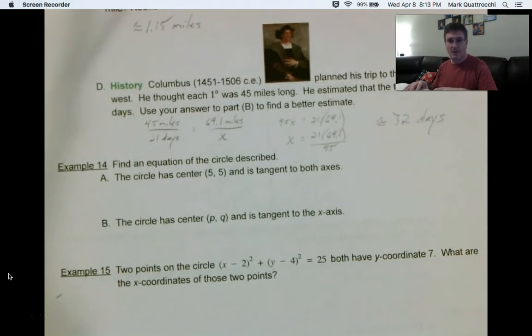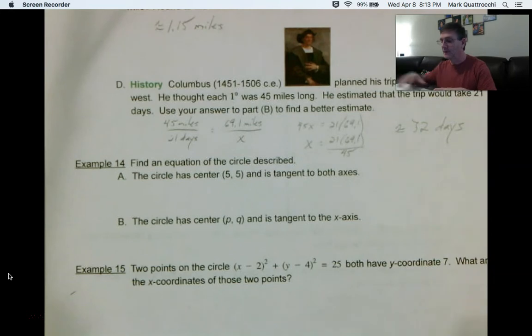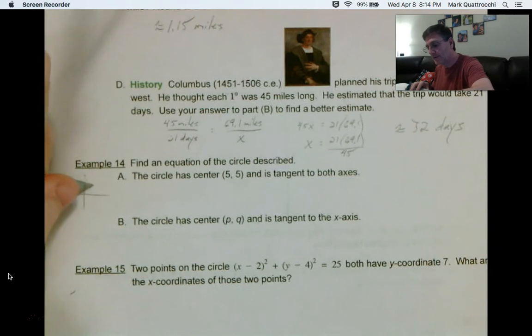All right, example 14. Find the equation of a circle described. So we have the center at (5, 5), and it's tangent to both axes. So 5, 5, 1, 2, 3, 4, 5, and it's tangent to the x and the y axes.